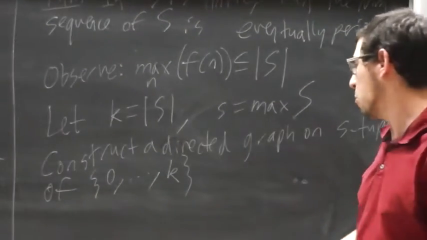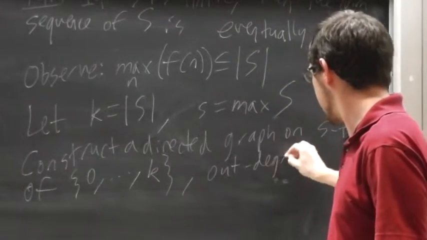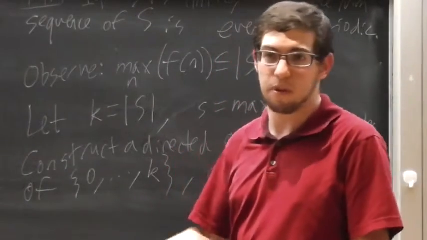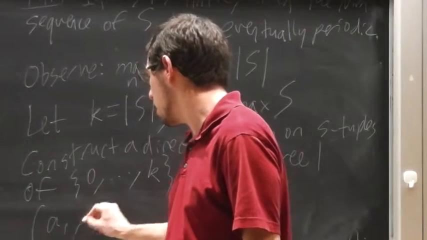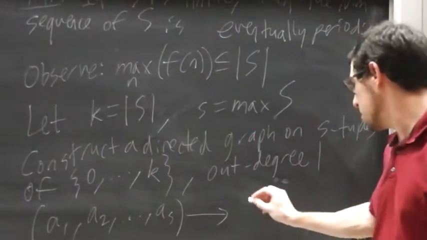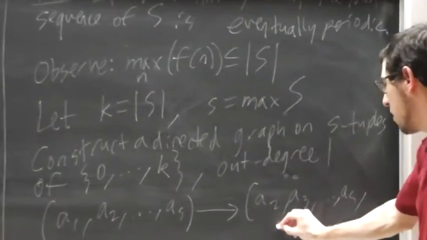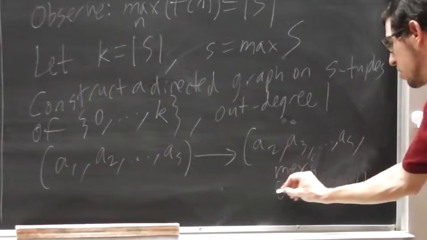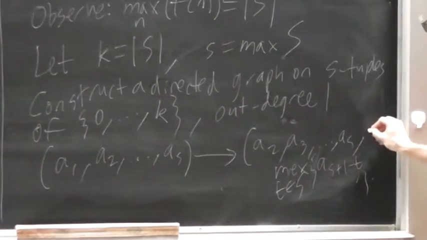And it's going to have out degree 1, so every vertex will have exactly one edge going out of it. And it'll be that (a_1, a_2, ..., a_s) goes to (a_2, a_3, ..., a_s, and then the max over t in S of a_{s+1} minus t).